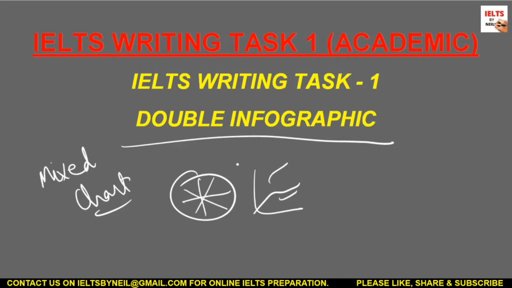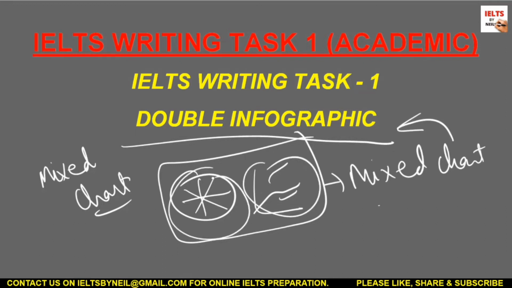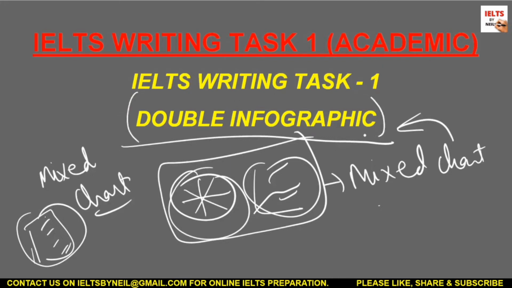So when there are two pictures in one question, it is called mixed chart, or double infographic, because there are two pictures. Infographic is just any picture giving any information or data, right? So whenever there are two pictures with the data, it is called double infographic, or you can say mixed chart.